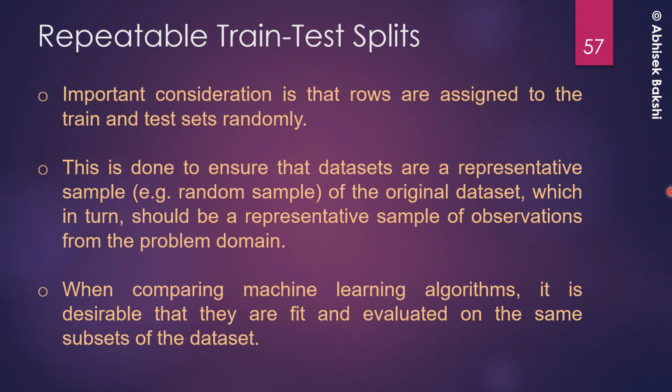And that is what is actually written here. What is written? This is done to ensure that data sets are a representative sample of the original data set. Just what I said. Which in turn should be a representative sample of the observations from the problem domain. This problem domain is based on the whole country.